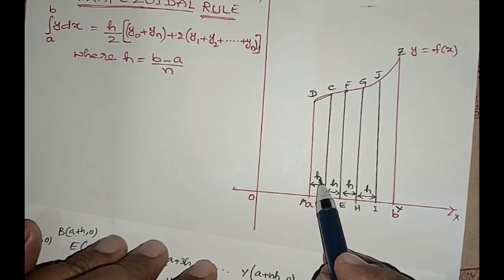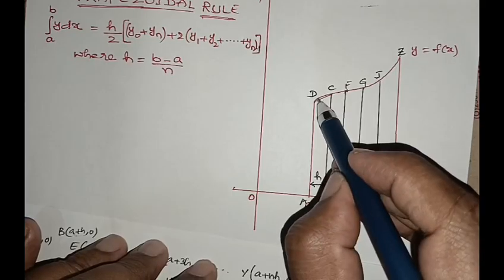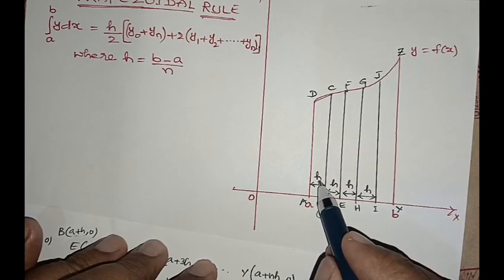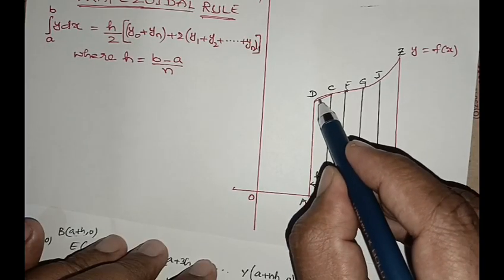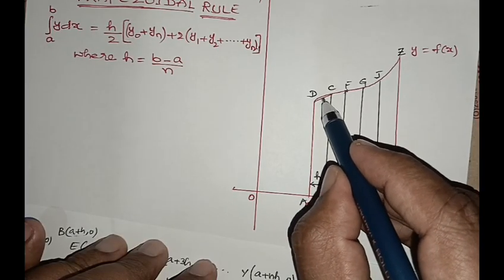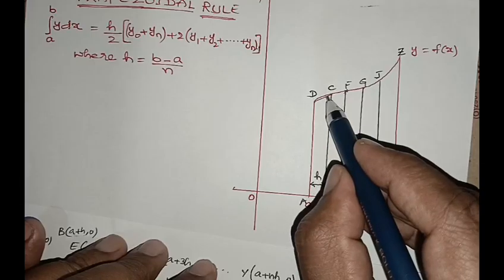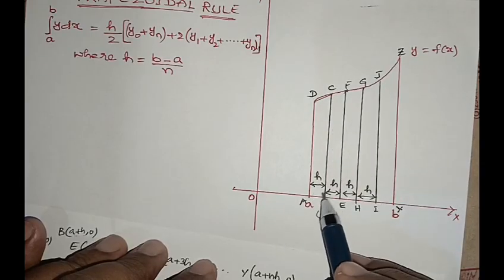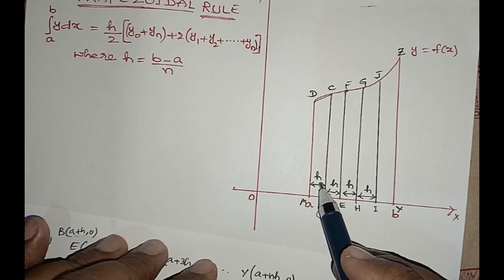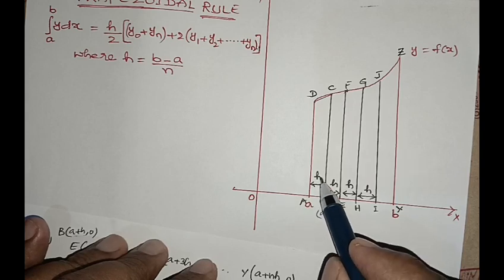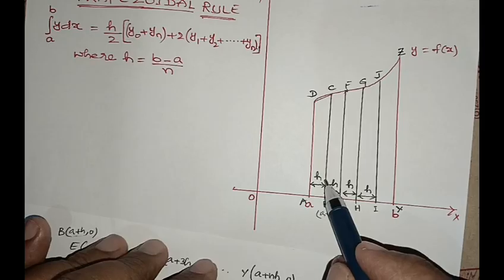When the gap h is more, then the error is more. When the gap h is smaller and smaller, this gap becomes narrower and narrower. So in order to get good, approximately correct values, h should be sufficiently small, which we get by increasing the value of n.